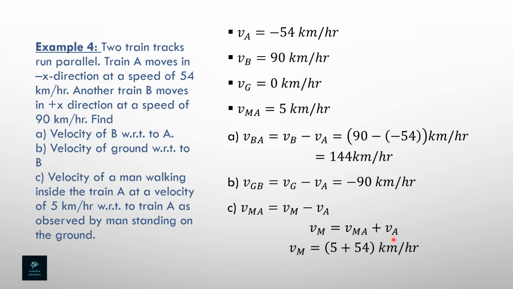This means Vm is equal to 5 minus 54 km per hour, so Vm is equal to minus 49 km per hour. Therefore, velocity of the man with respect to the ground is equal to 59 km per hour.